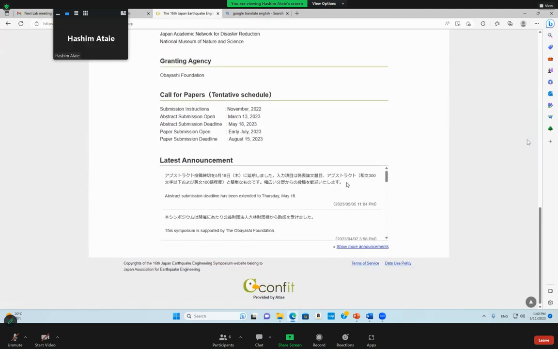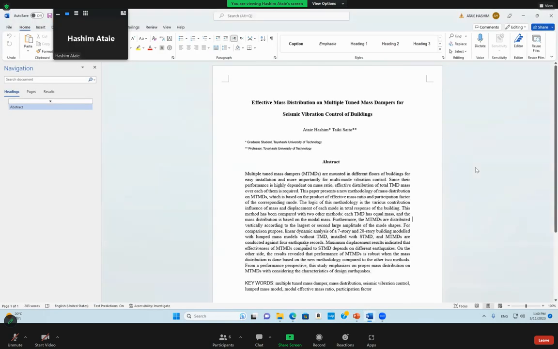Yes, this is the Japanese statement that was only translated in Google Translate, but is it 100 words in English? Yeah. It is written 100 words in English. So it has to be very short, because it is 230 words, so I have to reduce it to 100.